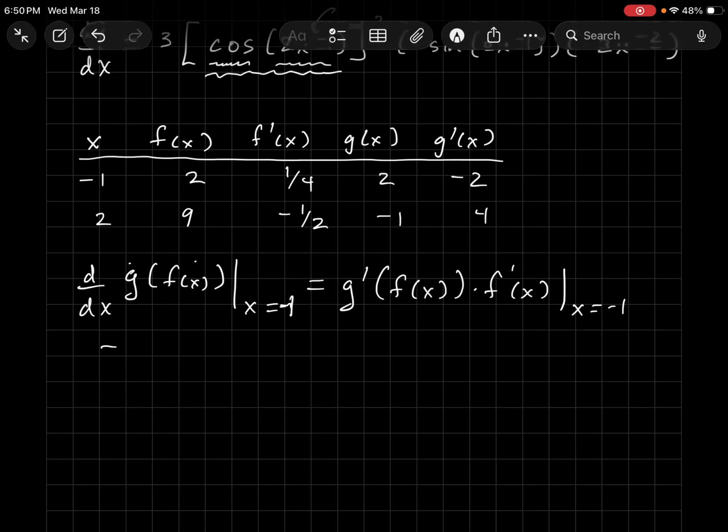And we'll continue on with this. We'll plug in some numbers. I have g prime of what? It's not g prime times, it's g prime of or g prime at f of negative 1. Not times. We're evaluating g prime at the point. This part is multiplied, so times f prime of negative 1.